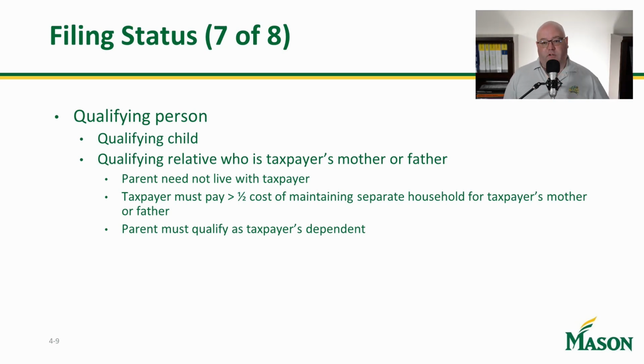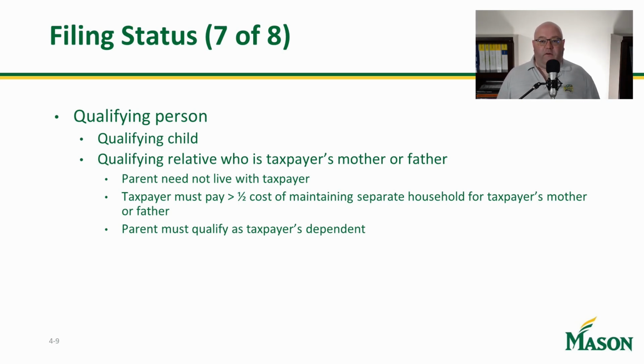My father-in-law has been diagnosed with Alzheimer's and lives in a retirement home. In that case, if we were providing the support for him, actually he's taking care of by himself, so I'm not worried about it. But if we were providing the support for him, technically we would be able to try to claim him as a dependent if he met the other qualifications. But he doesn't have to live with us in order for that to happen.